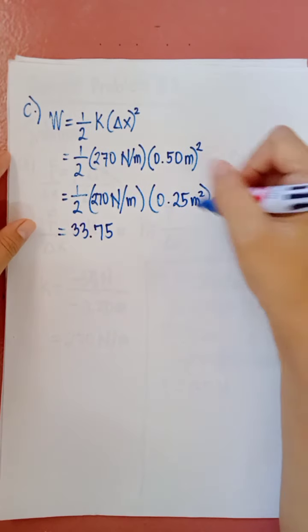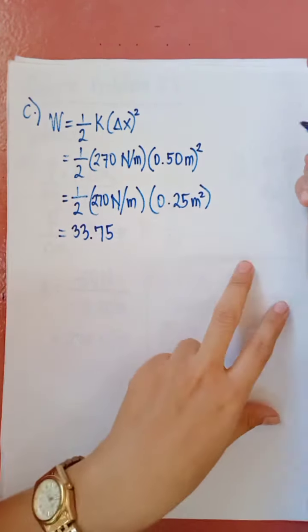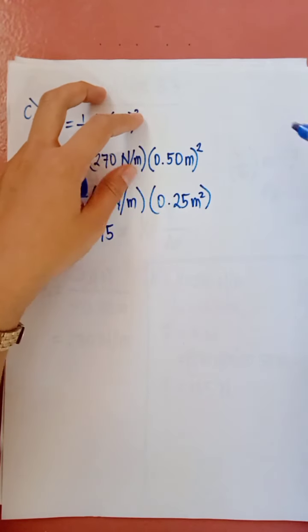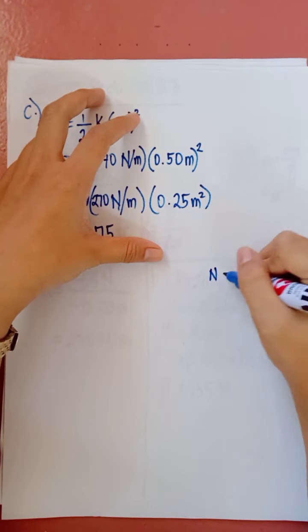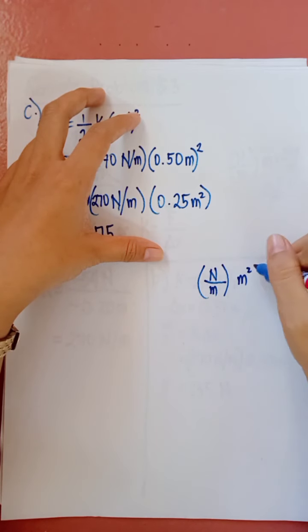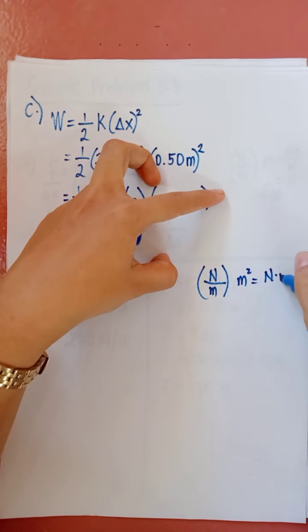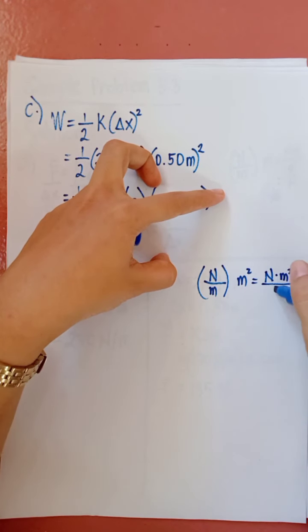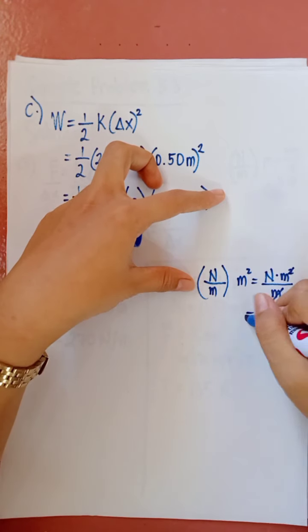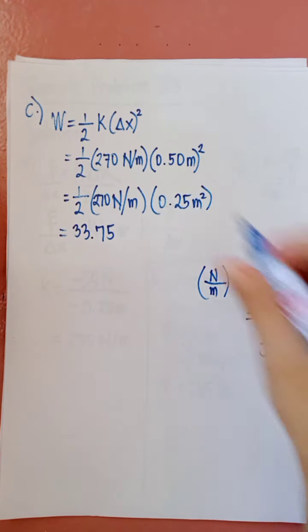You will get 33.75. What will happen to the unit now? The unit will be newton per meter times meter squared. That is newton meter squared over meter. Cancel, cancel. What's left is newton meters, or joules.